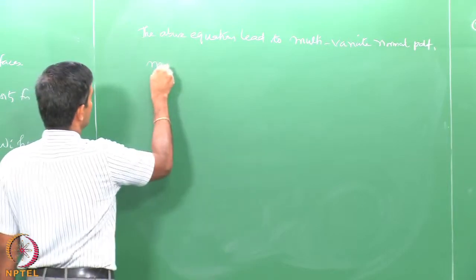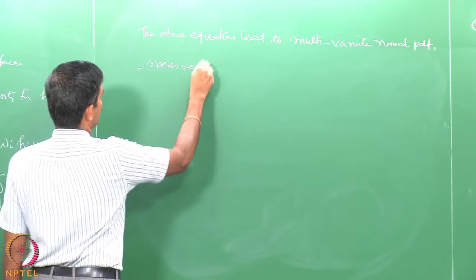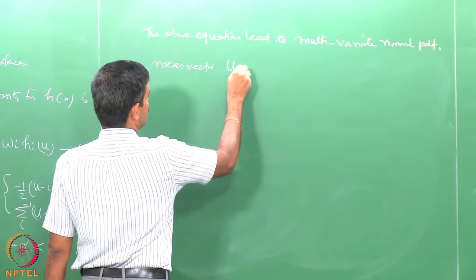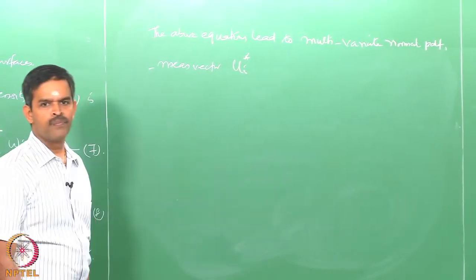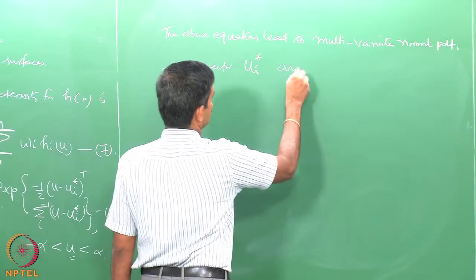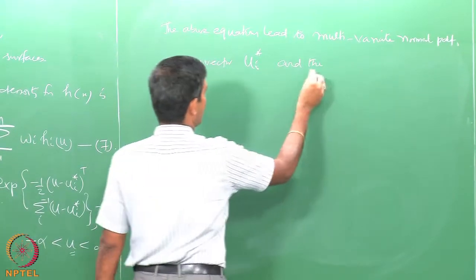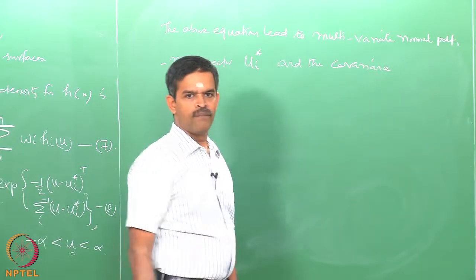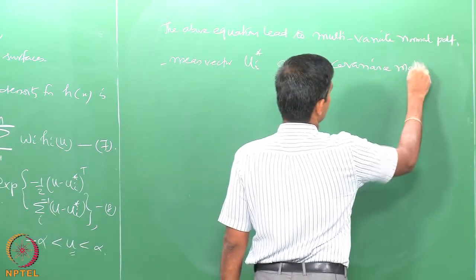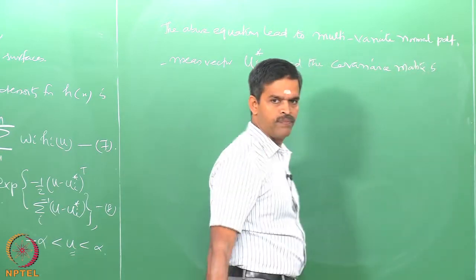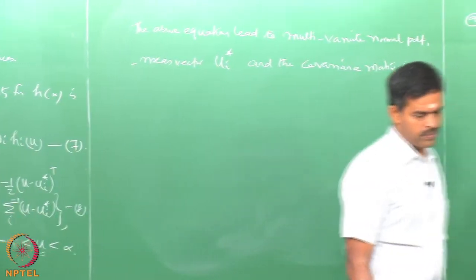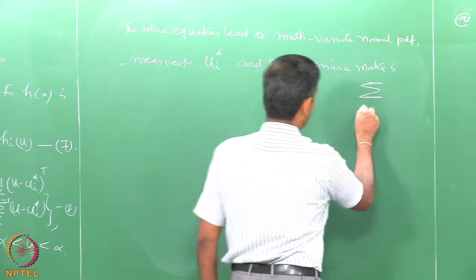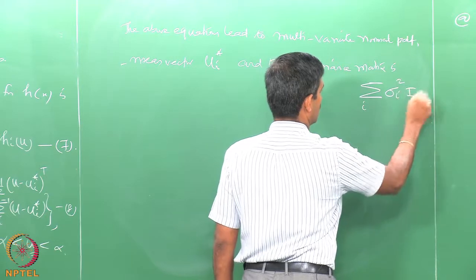The mean vector of this will be given by u I star and the covariance matrix is I sigma I square.